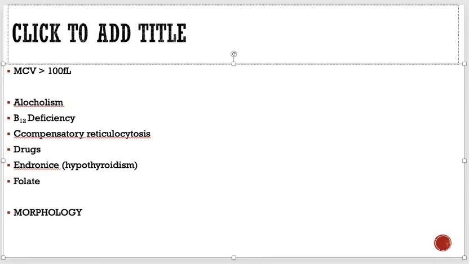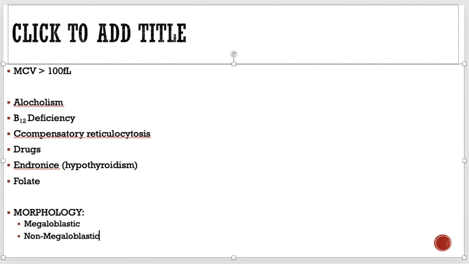To check the morphology, they see the cells under the microscope. So we classify macrocytic anemia further into two types: one is called megaloblastic anemia, and the other is non-megaloblastic.